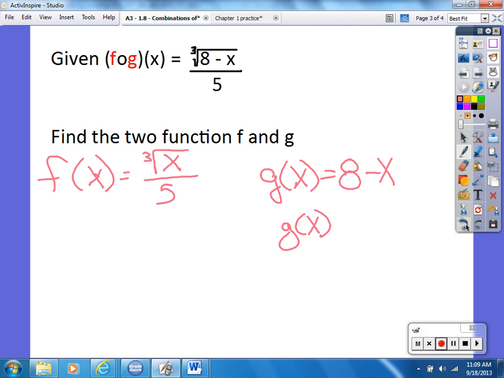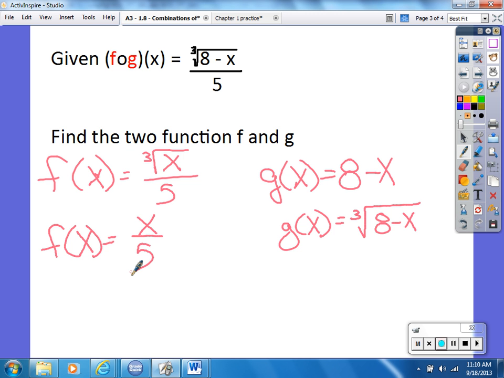What else could I do? Can I do anything else? I can. Okay. How about I use the cube root of 8 minus x? I'm going to use the whole top. And then what? Well, not 1 over 5, because if I use 1 over 5, I had nothing to plug that into.